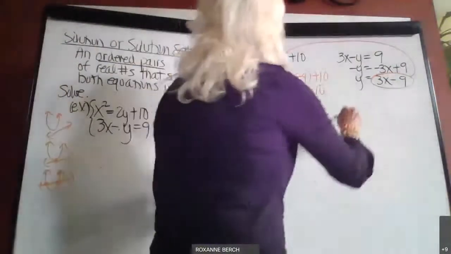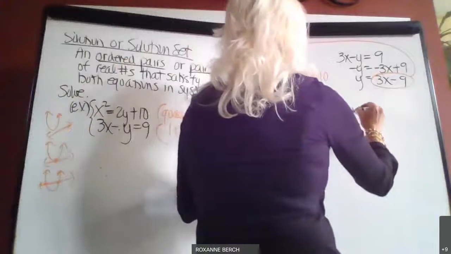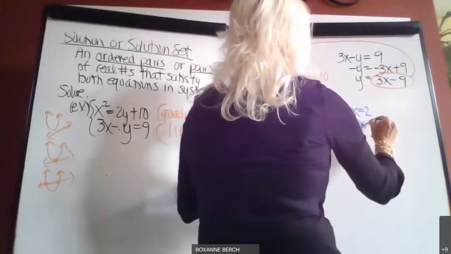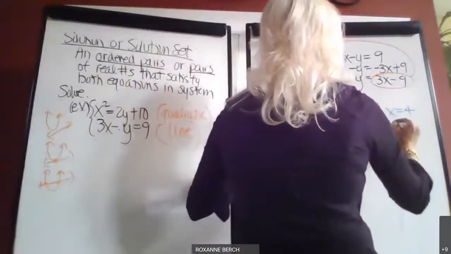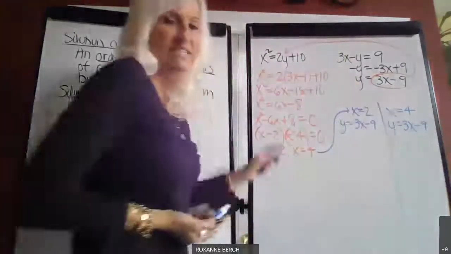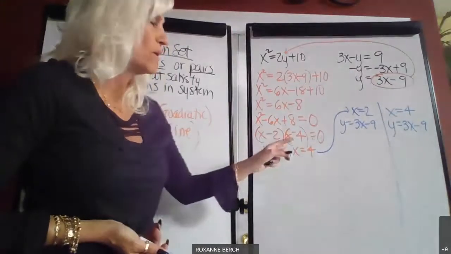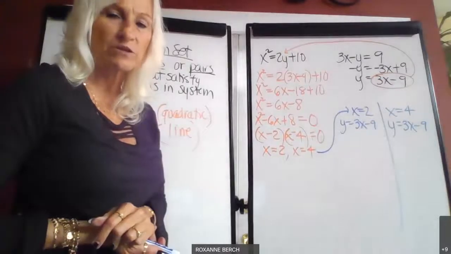We're going to go back here, and for x equals 2, we have y equals 3x minus 9. And for x equals 4, we have y equals. So instead of substituting into it once, we have to put both the x's in there and find the y's who go with their ordered pairs.